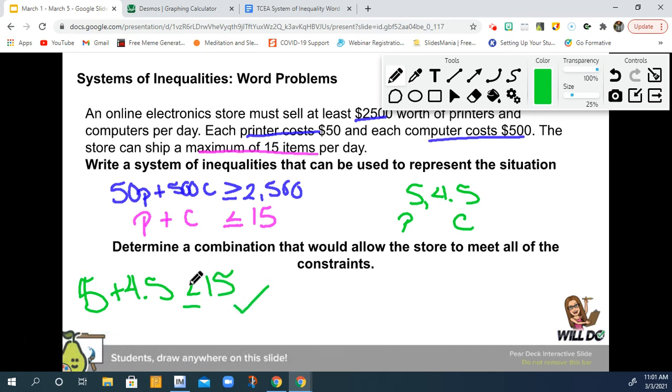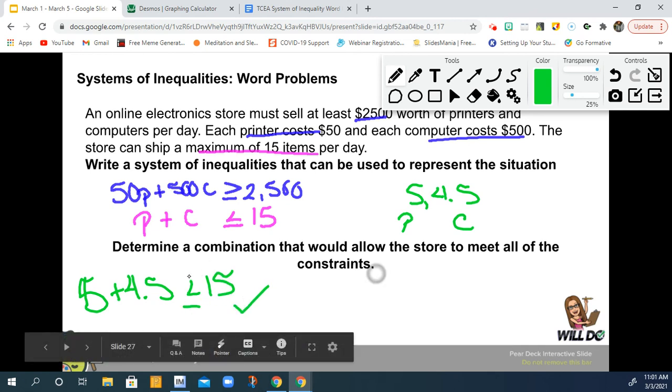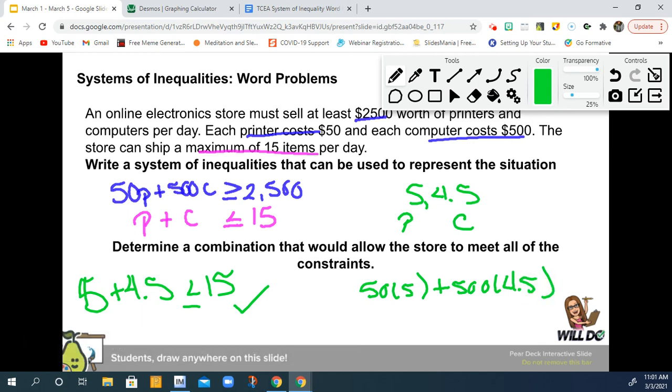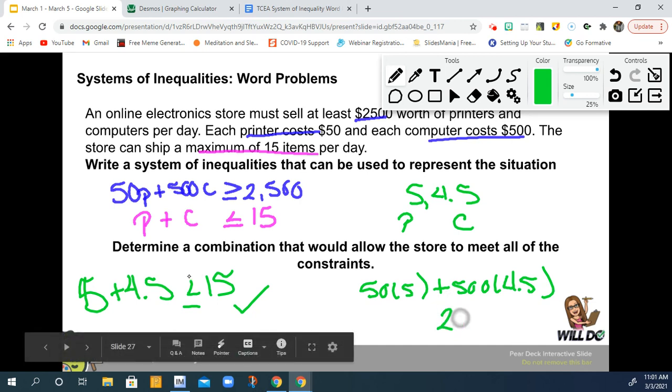So that checked out. Now let's look at the prices. So 50 times 5 plus 500 times 4.5. And sorry, this is way sloppier than the other writing. When I did that, I got my total of 2,500.